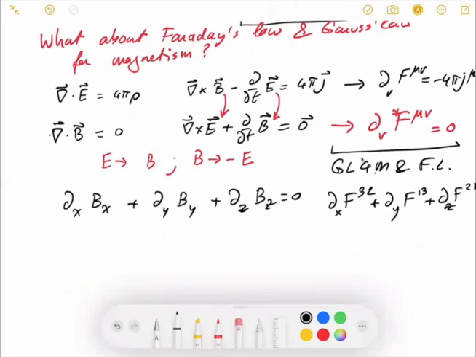Now this is, of course, del 1. And this is del 2. And this is del 3. And those added together get you 0.